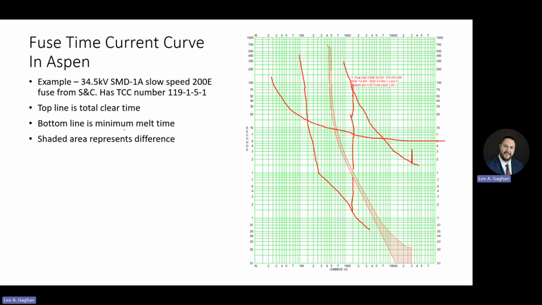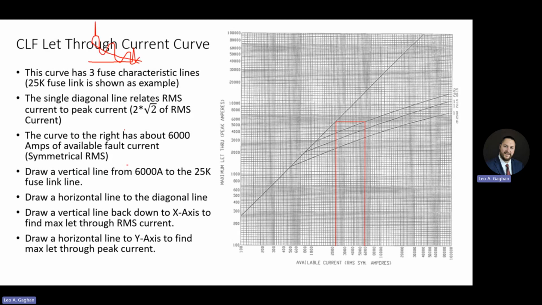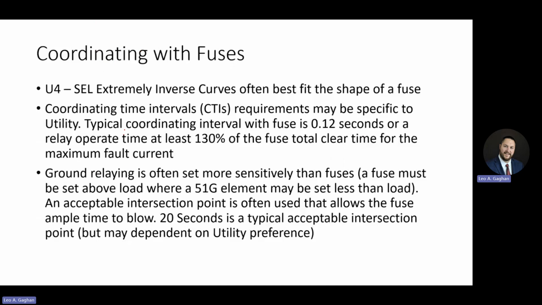It doesn't include that breaker operate time. So that time has to be a little bit higher, but it can be a little bit lower with fuses as well. And then honestly, if you have reclosing, it may even be acceptable to go even closer than that.